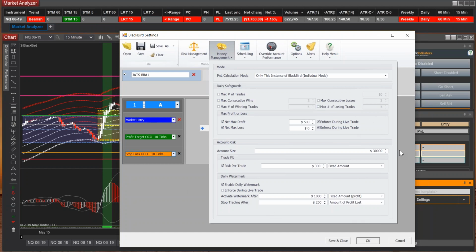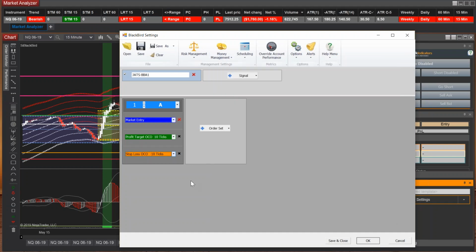So you can create your own parameters for whatever you want. You don't have to restrict yourself to a maximum profit, but if you're just testing a strategy out, maybe that would be a benchmark that would be helpful for you to use. I kind of like the idea of building an account slowly.